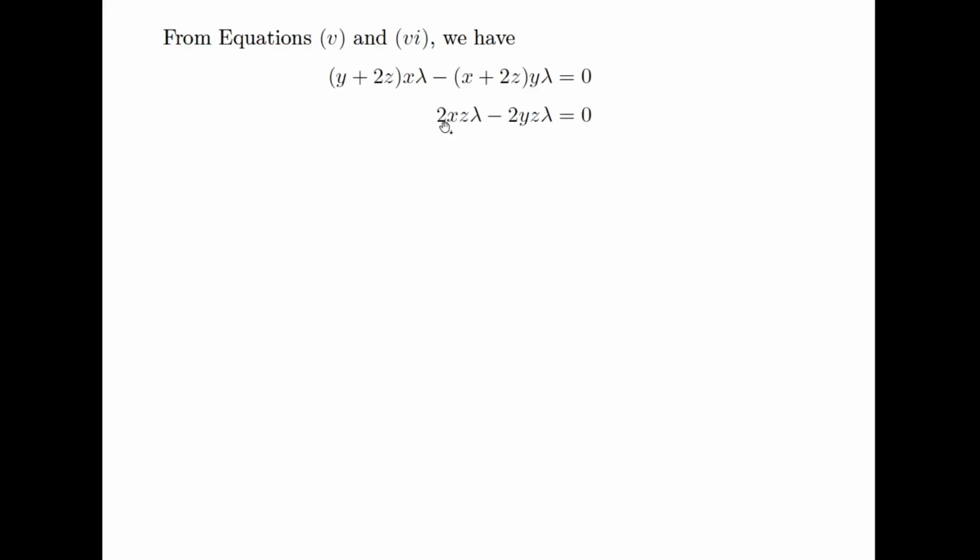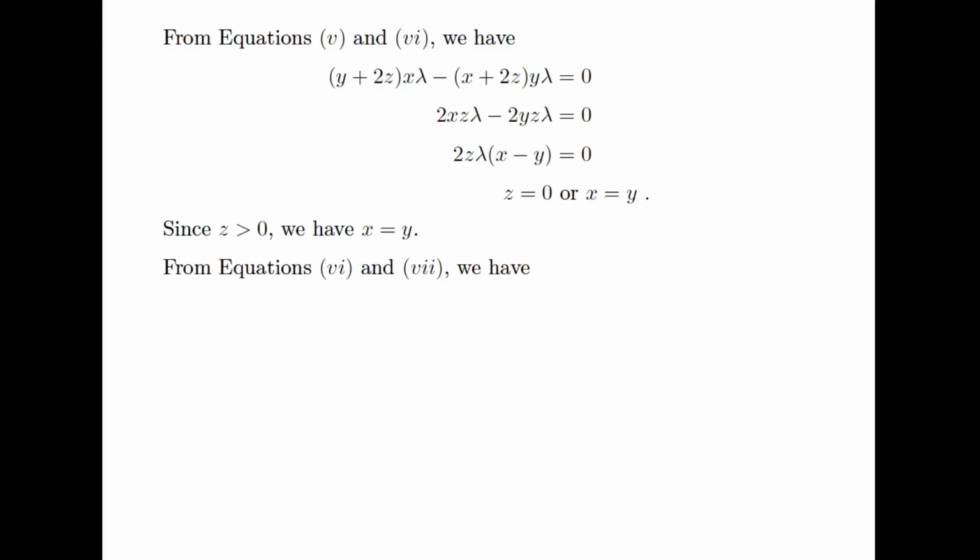Now we factor out 2z lambda, so we have 2z lambda times (x minus y) equals 0. Now, since lambda is non-zero, we have either z equals 0 or x minus y equals 0. This gives z equals 0 or x equals y. Again, since x, y, z are the dimensions of a box, z should be non-zero. So therefore, we take x equals y.